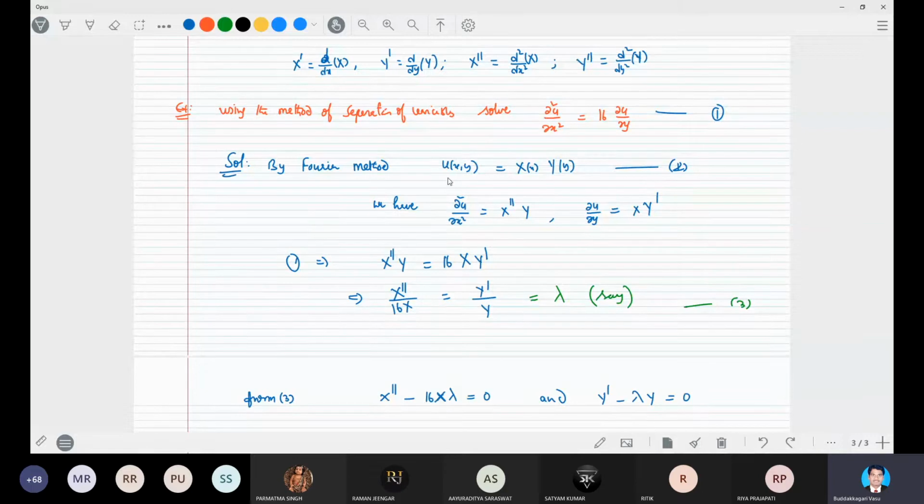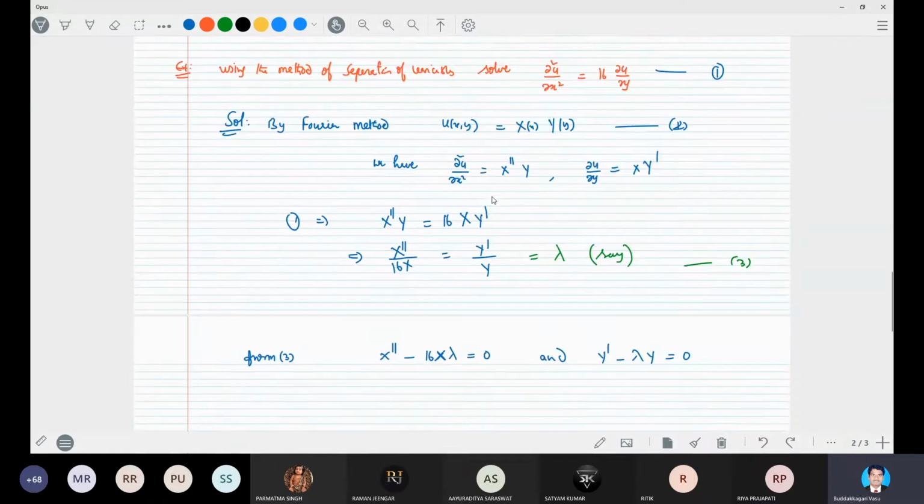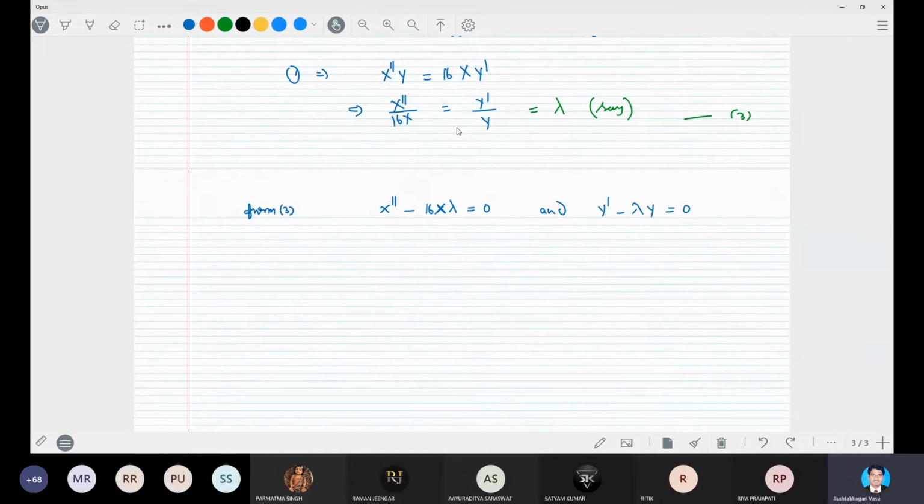We chose the required solution as separable into the independent variables, separate individual functions, capital X of x times capital Y of y. So therefore, they have been separated into ordinary differential equations.